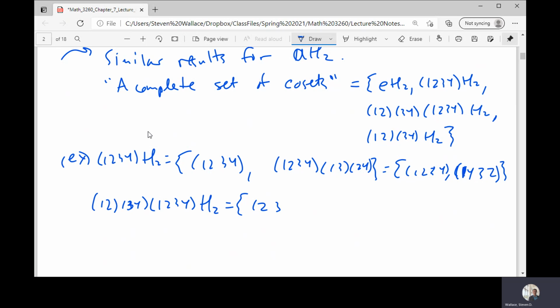Wait a minute. 1 goes to 2. Oh, sorry, I forgot to do this thing times e. So 1 goes to 2, which goes back to 1. 2 goes to 3, which goes to 4. 4 goes to 1, which goes to 2. All right. 3 goes to 4, which goes to 3. So you just get this thing.